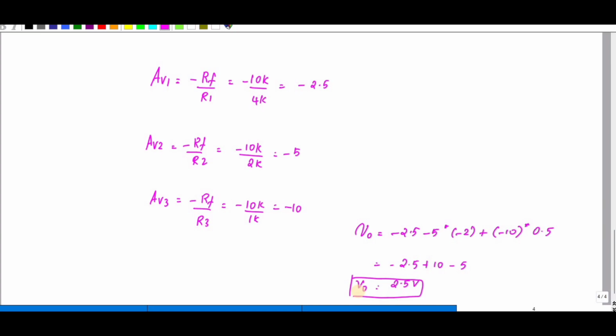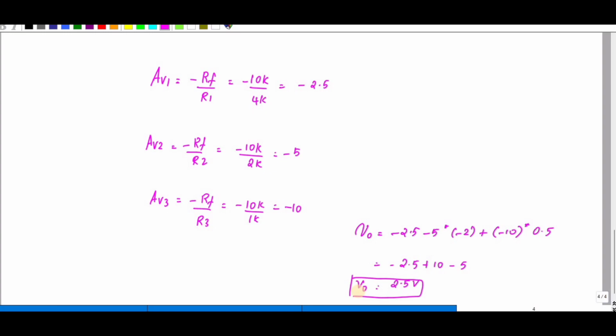Suppose the input signal is AC. Then this is not as simple, because for the AC signal you have different frequencies, so the calculation you have to proceed by finding the RMS values.